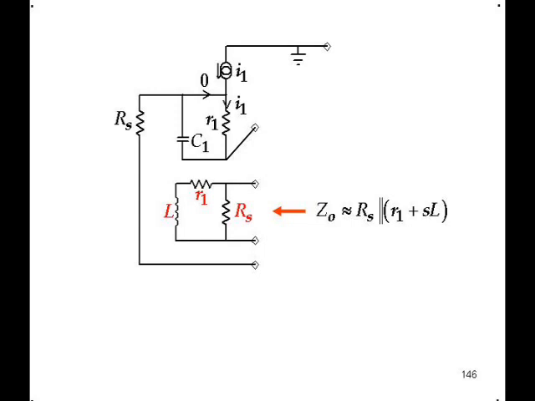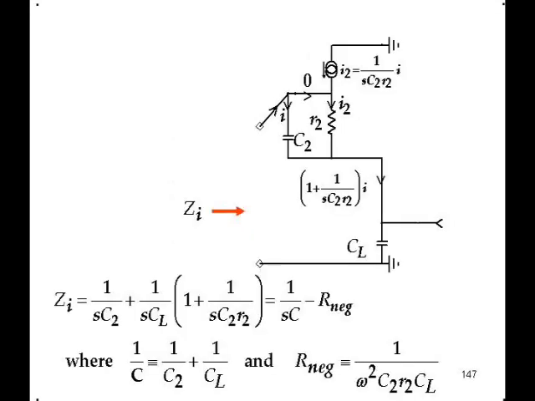Now look at the other stage and ask what is its input impedance, ZI. Again, it's a reflection question. And when you write the expression, which is simple enough, ZI reflects the CL into a negative resistance.